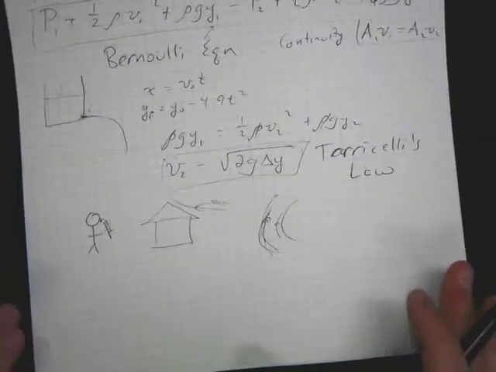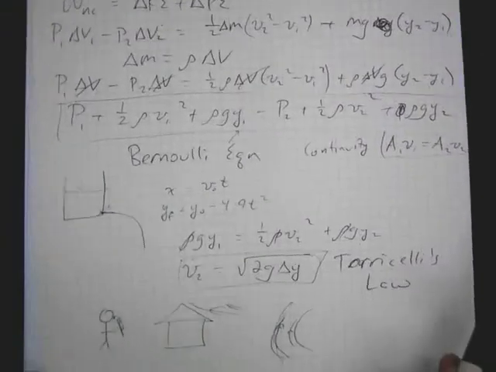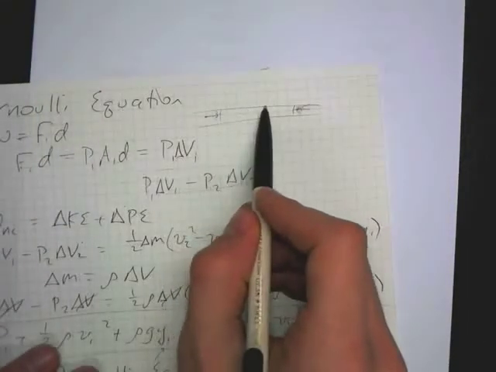Now, in all of this, we have not taken into account friction in any sense. But in reality, there is friction between the fluid and the walls of whatever pipe this is.